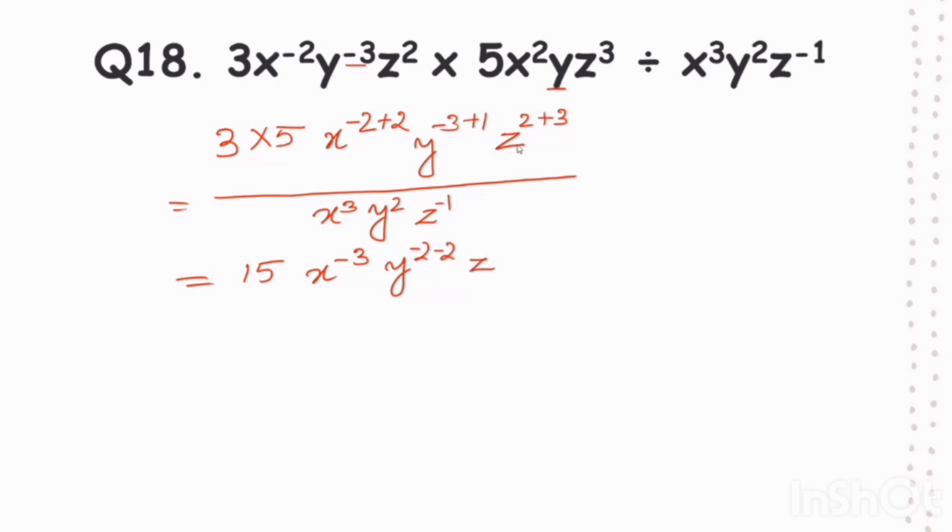Now z raised to the power 5, and here it is plus 1, negative 1, it becomes positive 1, that's equal to 15 x raised to the power minus 3 y raised to the power minus 4 and z raised to the power 6.